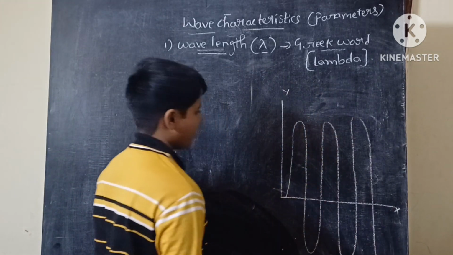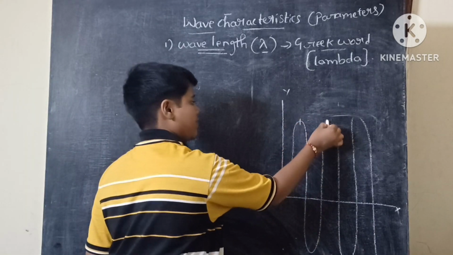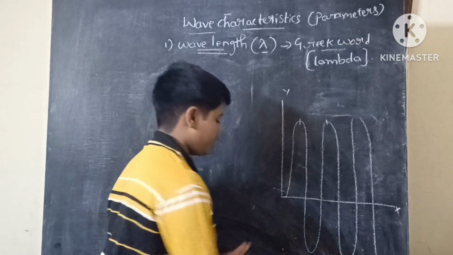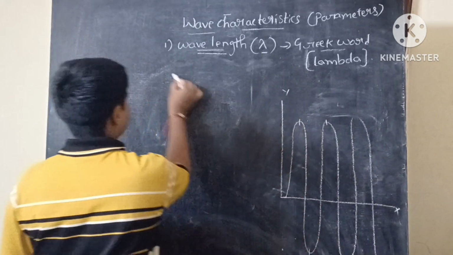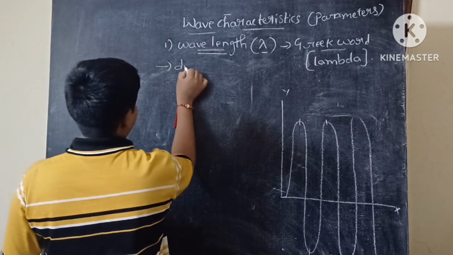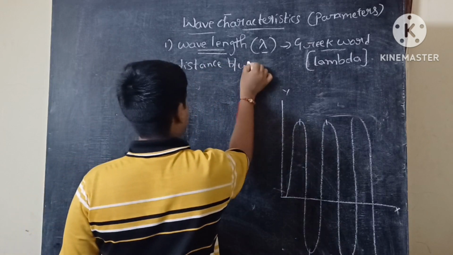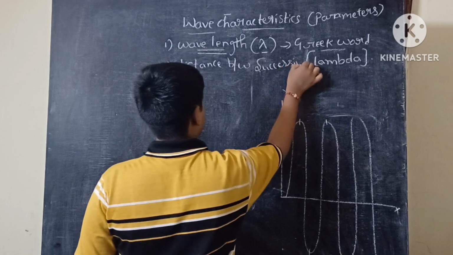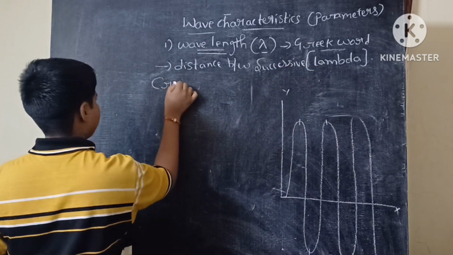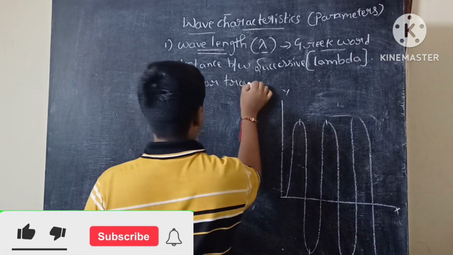Wavelength means the distance between successive troughs or successive crests. So wavelength means the distance between successive crests or troughs.